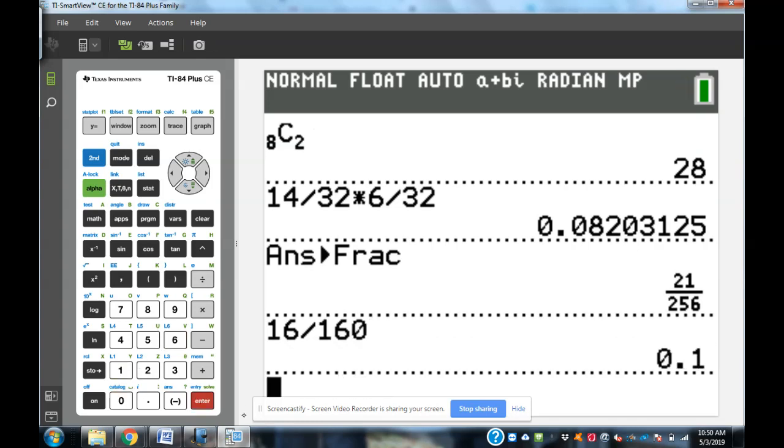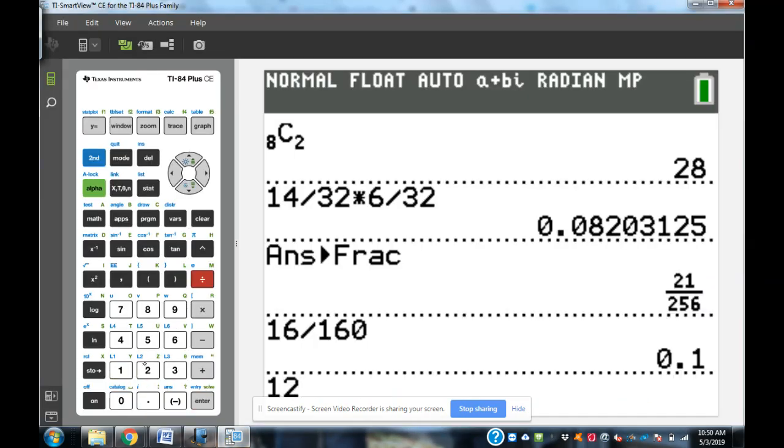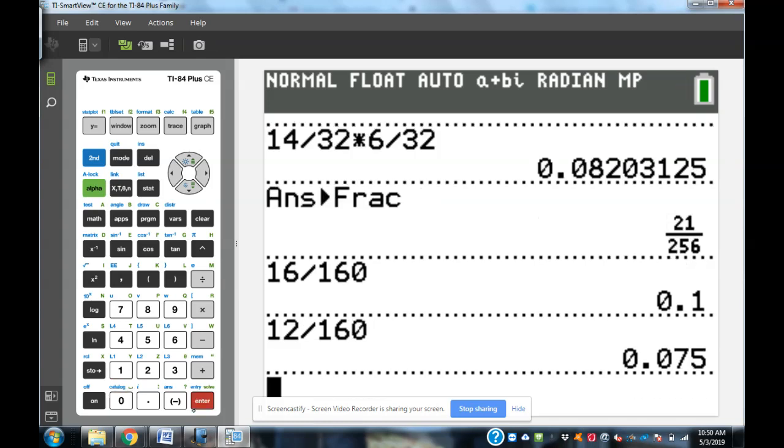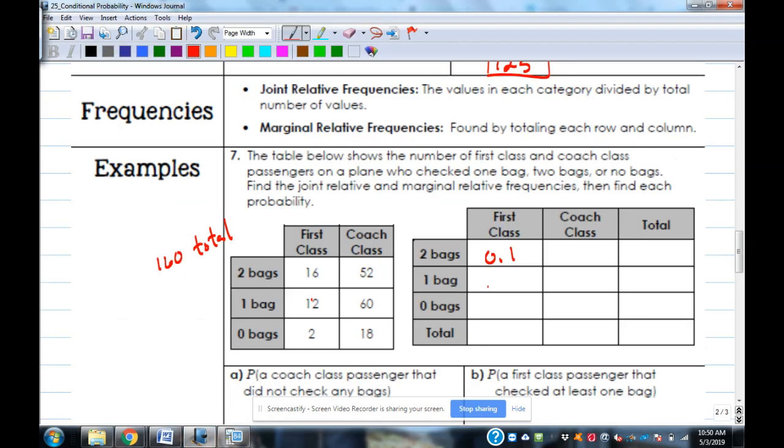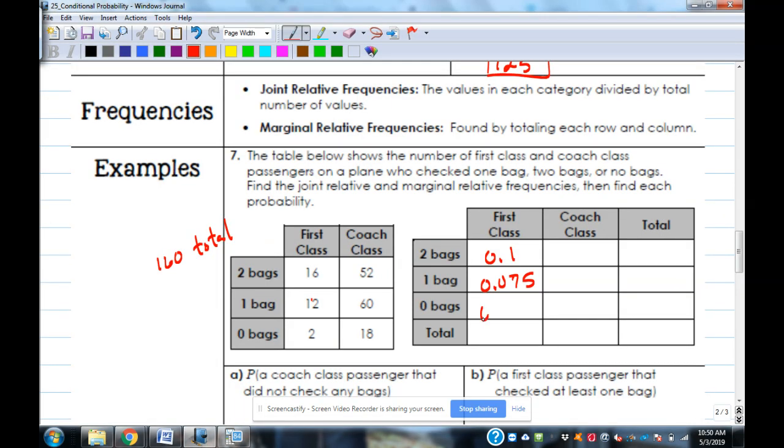Should be 0.1, right? So we're going to put 0.1 right there. And then I'm just going to go down that column. 1 bag would be 12 divided by 160, 0.075. And then 2 divided by 160, 0.0125. So those are the joint relative frequencies for first class passengers.